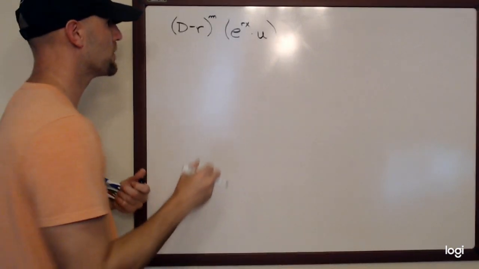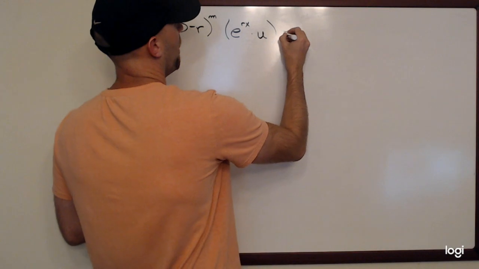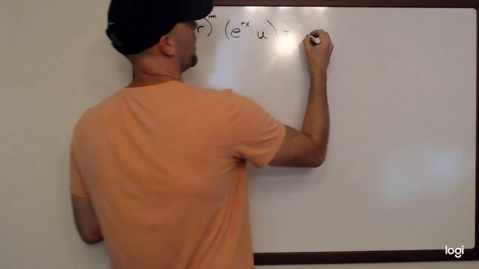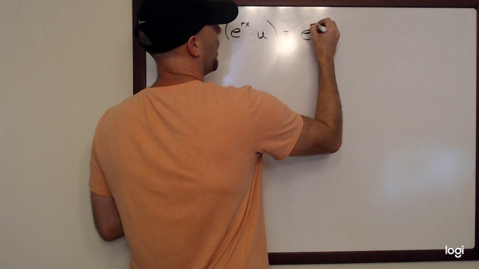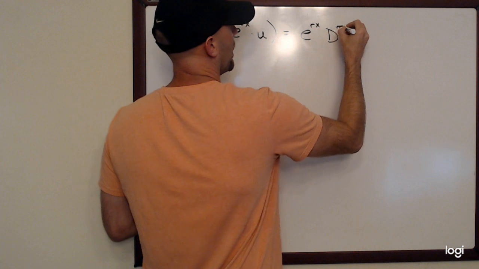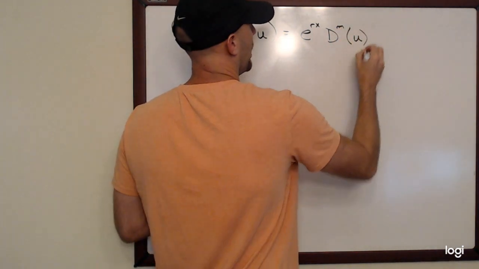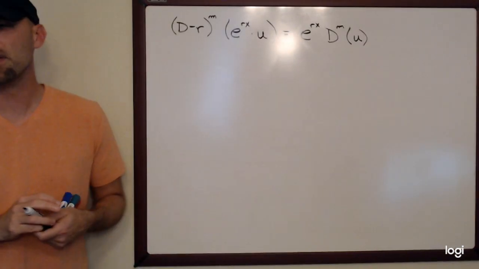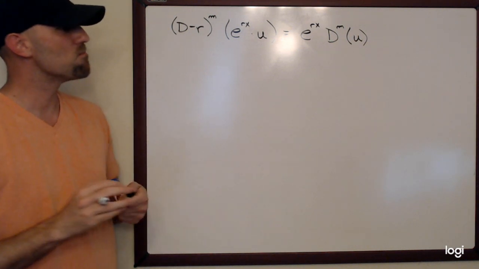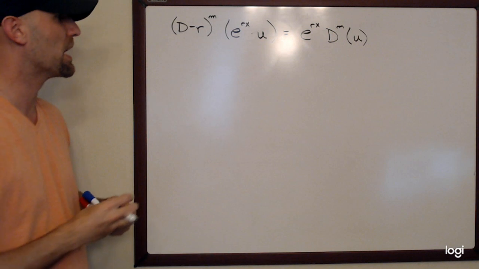I claim this is e to the rx times the mth derivative of u. We can check this. We can prove it by induction.